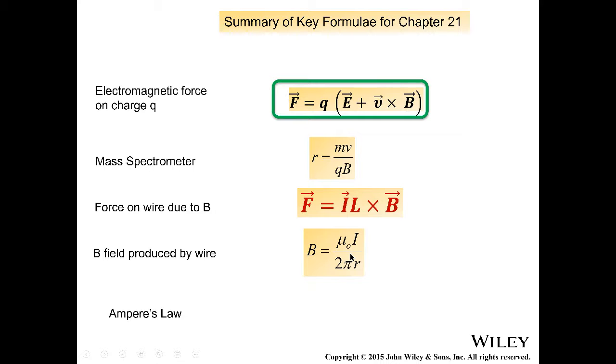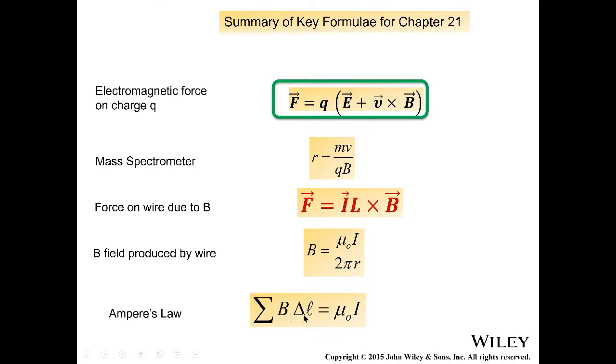If I have a wire carrying a current I, the magnetic field close to this wire would be strong. It's inverse, 1 over r, and the magnetic field far away from my wire goes down like 1 over r.